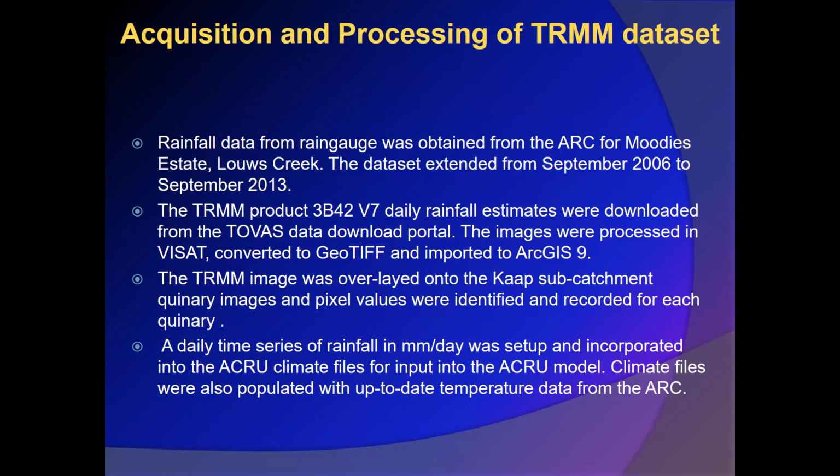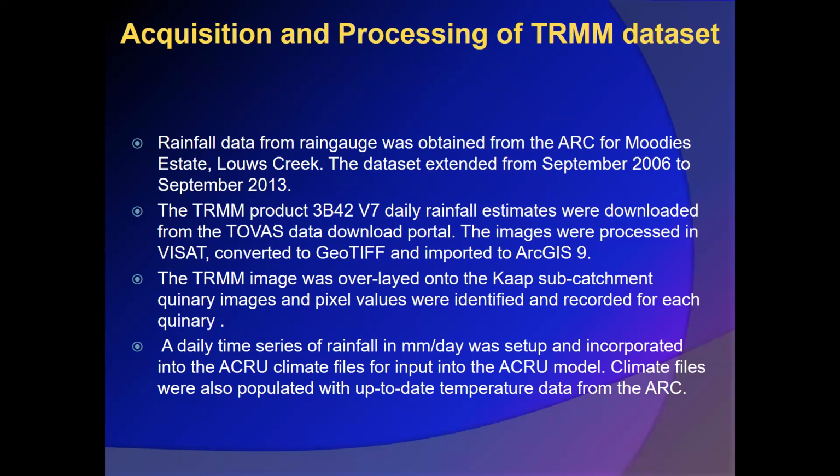And I think these days that entire analysis portal has become null and void unless you want to use it in particular. Now you can get the data directly out of Google Earth Engine. The images were processed in VISAT and converted to GeoTIFF, imported into ArcGIS 9. So there's a lot of processing once you get your actual satellite data set.